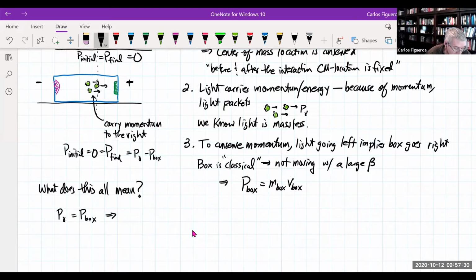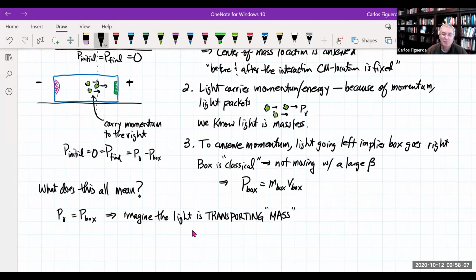So what does this mean here? What we could imagine is the following thing. We imagine the light is transporting mass, right?